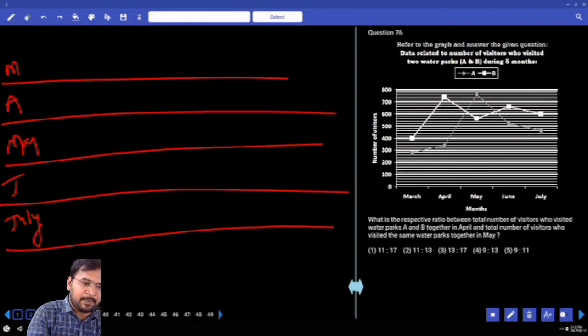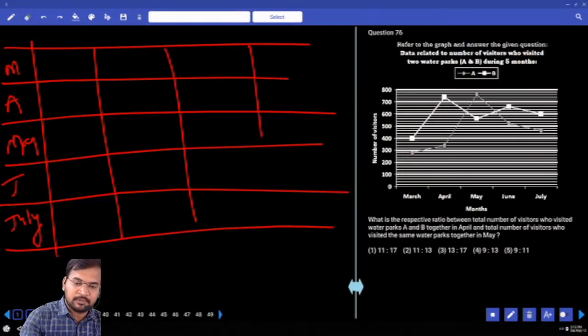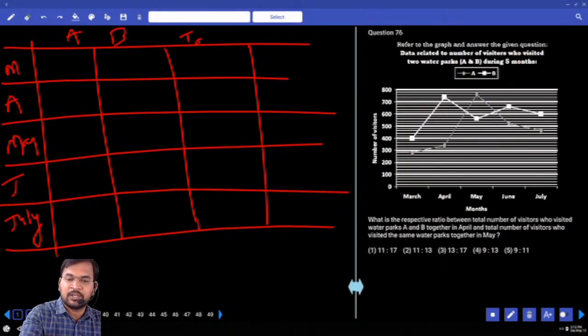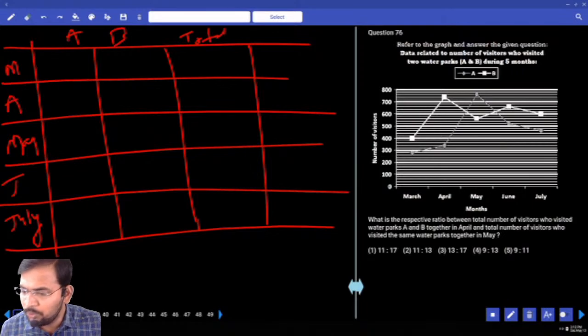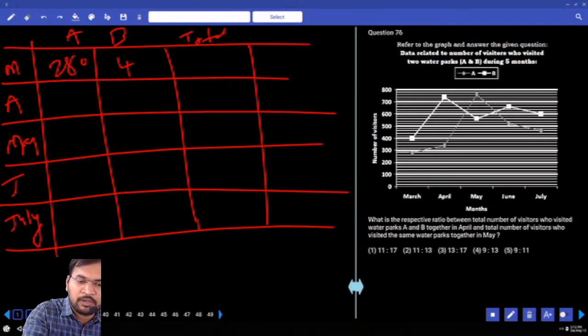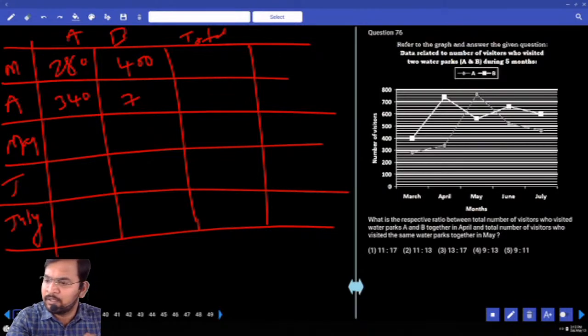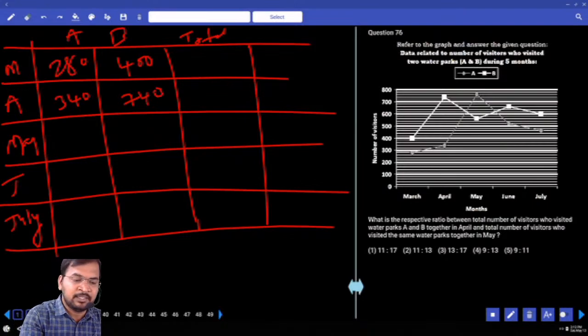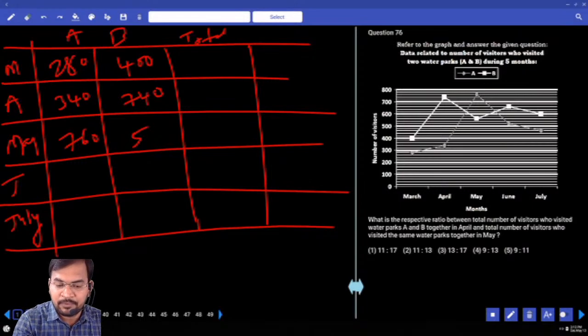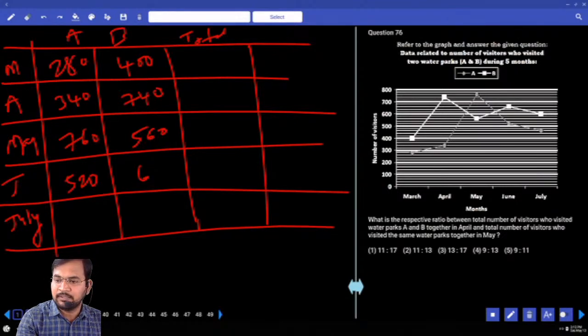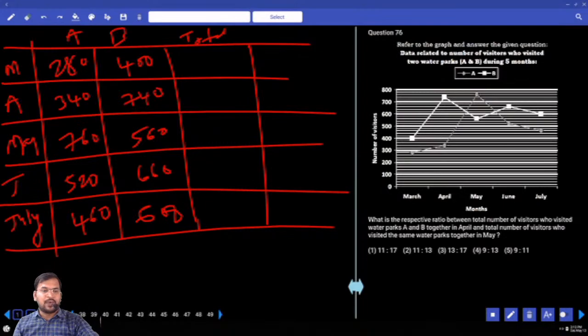For water parks A, B, wherever it is required, we take the total. March 280, 400; 340; April 740; 760; May 520, 660; 460, 600. So wherever it is required, we go for total.